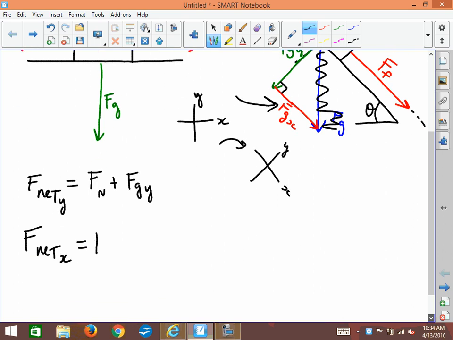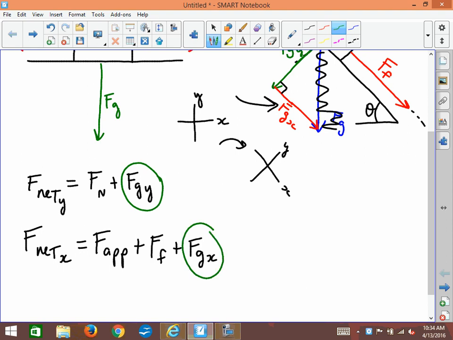What effectively happens is that a little bit of gravity ends up in both of the equations now. That's what's different. Some of the gravity can actually slide you down the hill in the x direction. And of course the other part of the gravity is what's pulling you into the hill, and that's going to be important for creating normal forces and friction. So gravity shows up twice.